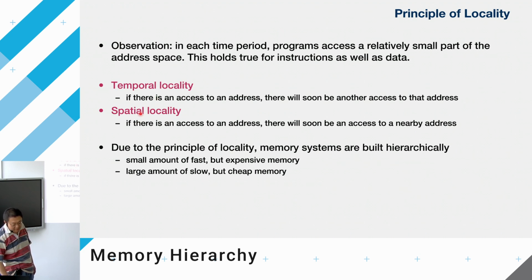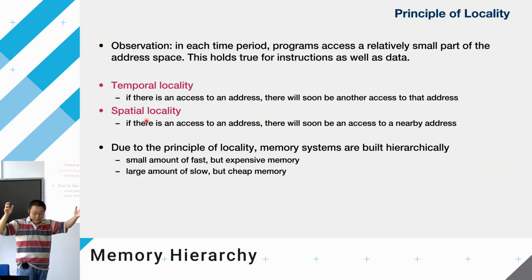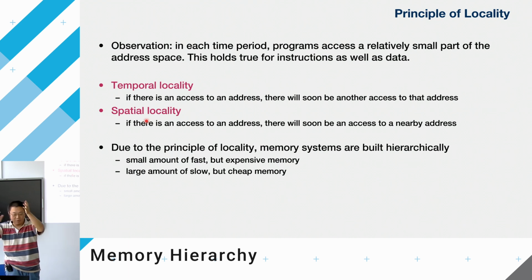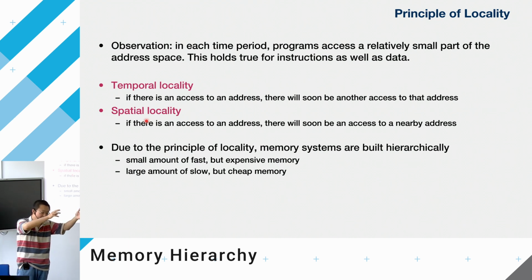Another locality is the so-called spatial locality. For example, if you have an array of, say, 100 elements, normally you access the first part of the array, and then immediately the second part, and immediately the third part, or maybe the first part again. So in a very short period of time, you access a limited spatial locality of the memory.